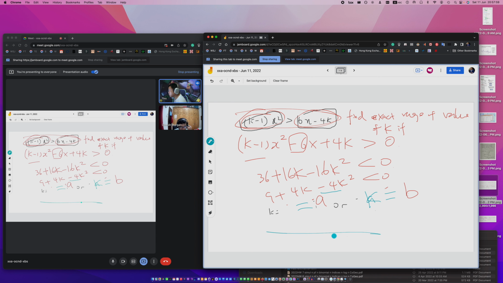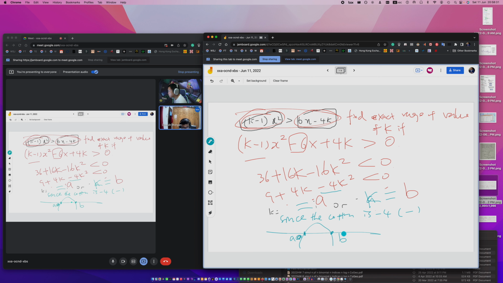So you're supposed to give me, since the coefficient of k squared is negative 4, negative, therefore it's the frown face. Okay? Then now you ask yourself, smaller than 0, so you shade below or above?